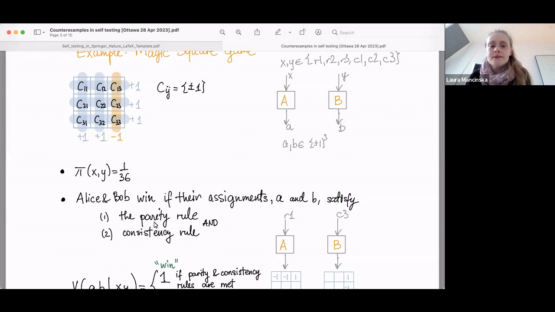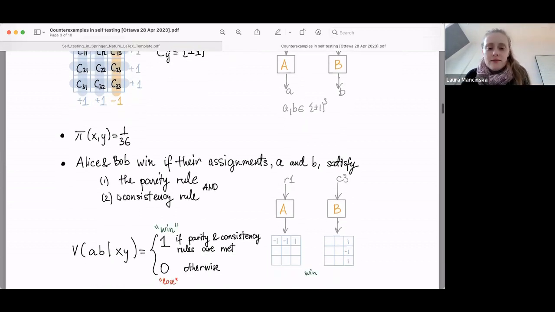Now, the consistency rule says that if Alice's and Bob's questions intersect in some square, then they should assign the same number. Let's think about the generic case where one person is asked a row and another person is asked a column. They intersect in one square, and the consistency rule then asks that the number assigned on that square is the same. If Alice and Bob satisfy both of these rules, then they win, and otherwise they lose.